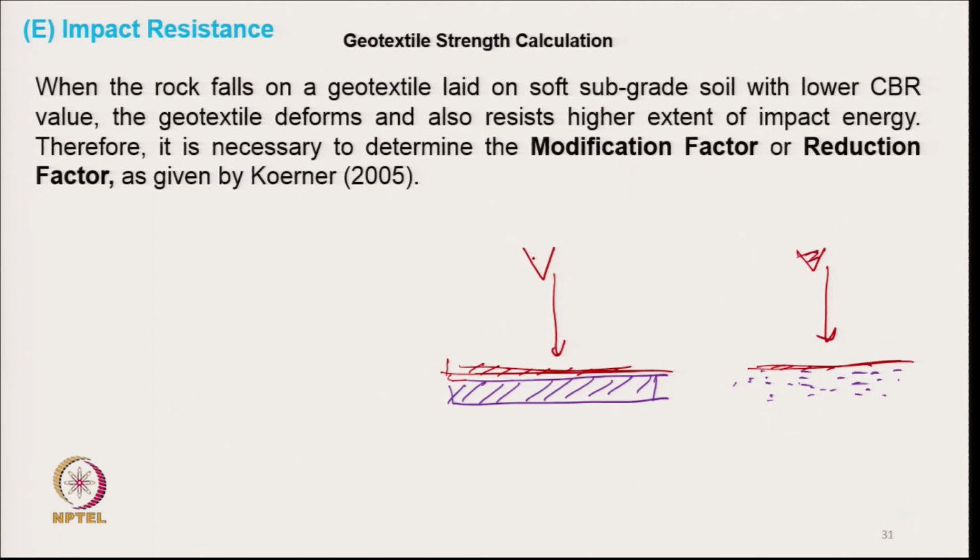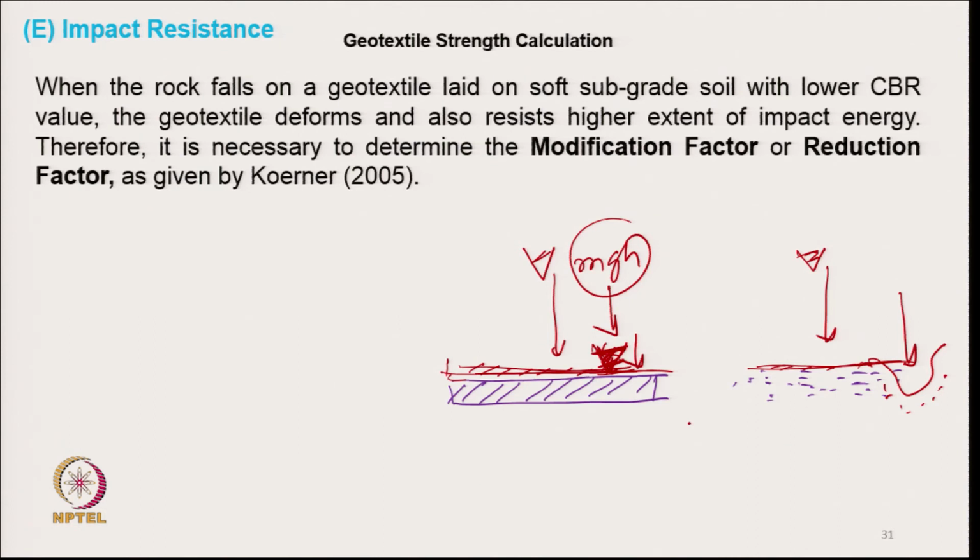On the hard surface, the impact energy generated is mgh, and 100% of the impact energy will be imparted on the geotextile. But if it is on the soft surface, the surface will get deformed and the subsoil will absorb a little bit.